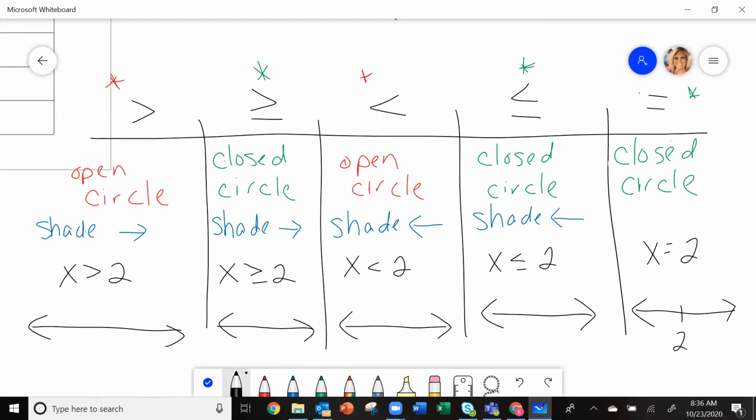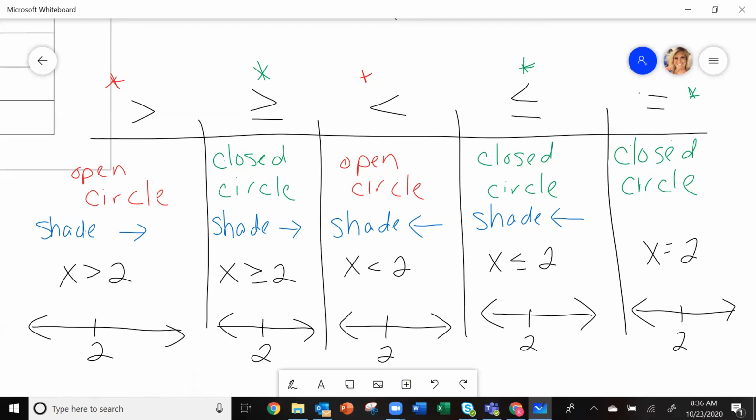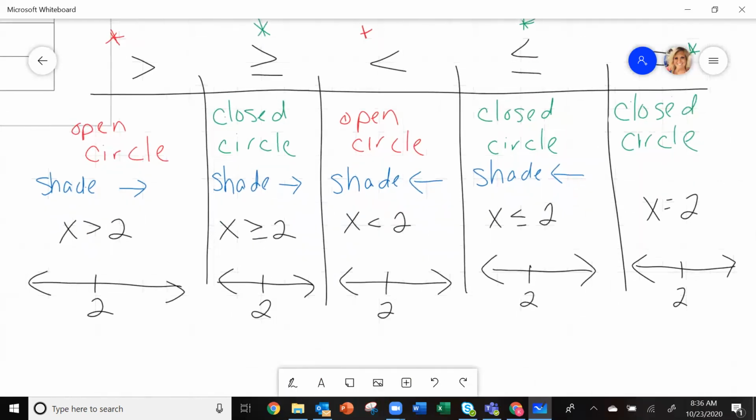We're doing all of them at 2, so I'm just going to draw a little line and mark my 2 to where you can see. Make sure you have this written down so you can follow along and have them in your notes. You're going to need them for your tests. Okay, if you need more time, you can pause it. But here's what I'm trying to say.